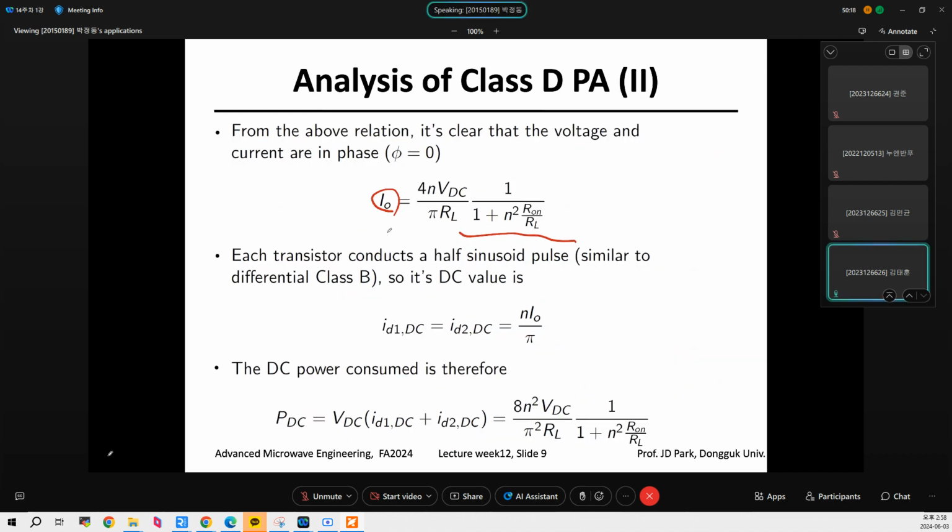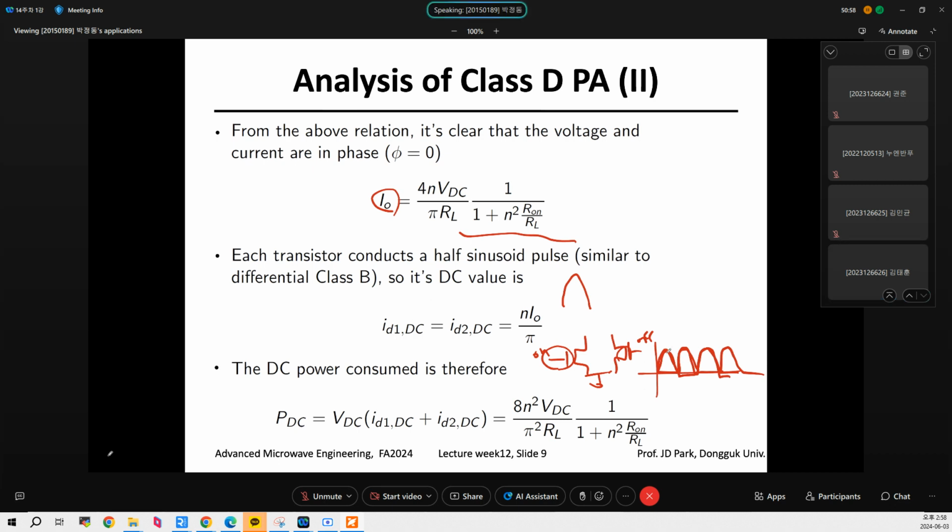Also we notice that each transistor conducts a half sinusoidal pulse, right? Each transistor, because this is a complementary switching way: when this is on, this is off. So it is something like this. This alone is something like this, and this alone is something like this.